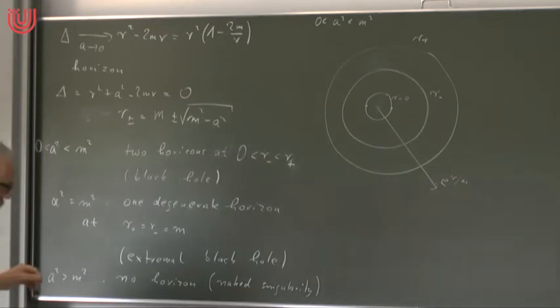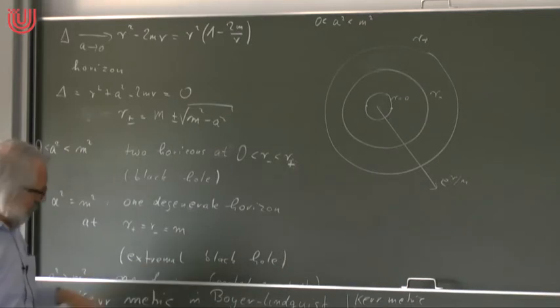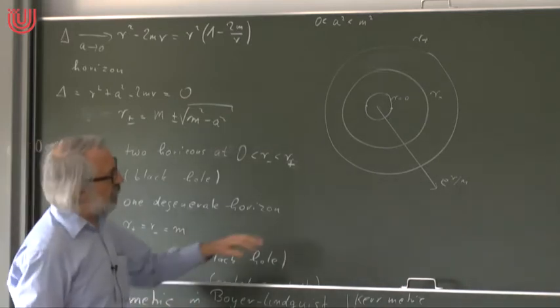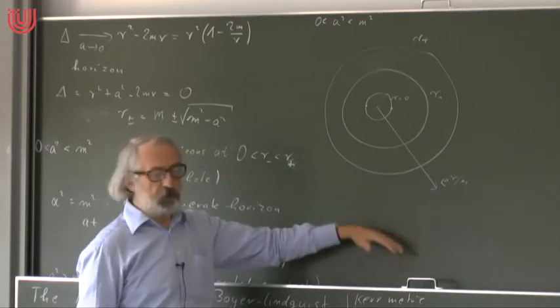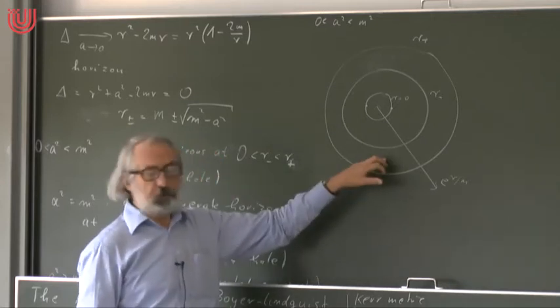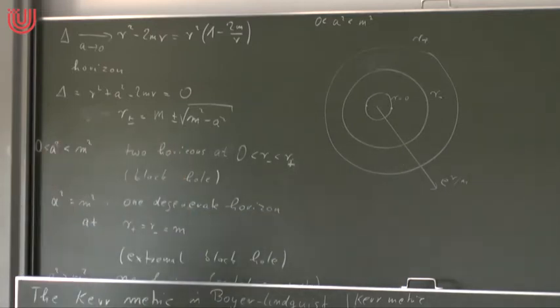So what next? From Schwarzschild, we are used to the fact that the vector field d by dt changes its causal character at the horizon. We remember d by dt was time-like outside, and it became space-like inside. This is a little bit more complicated if the object rotates.